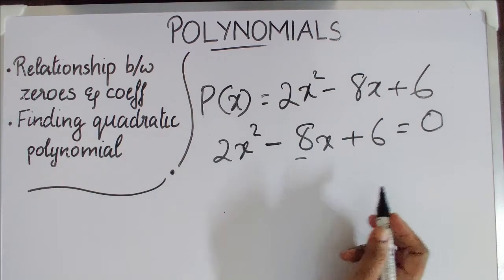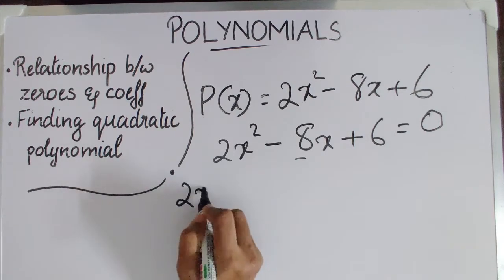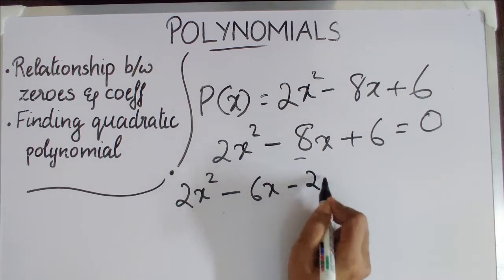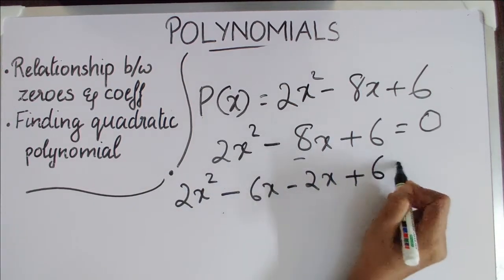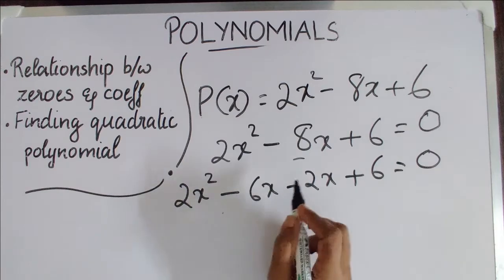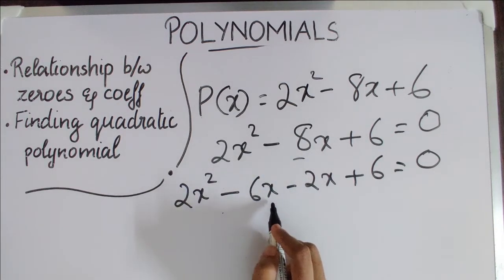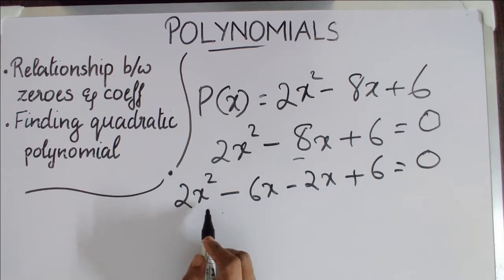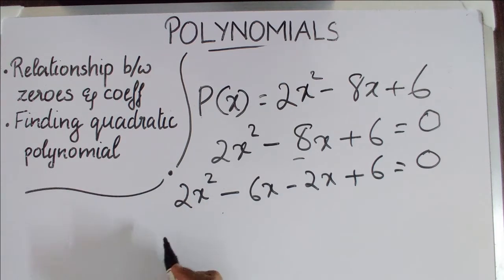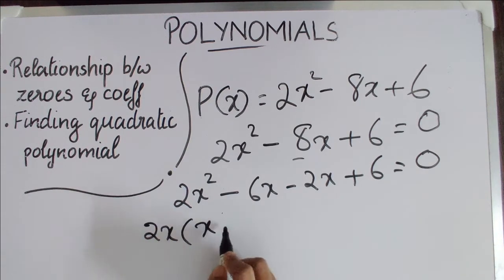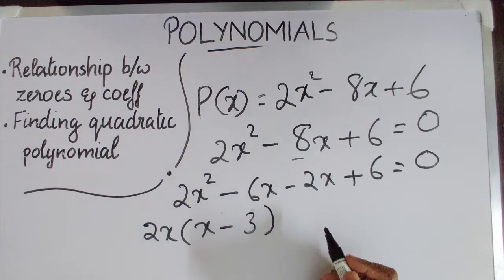2x square minus 8x plus 6 equal to 0 becomes 2x square minus 6x minus 2x plus 6 equal to 0. Here minus 8x is split into minus 6x and minus 2x. From the first two terms, 2x taken outside, we get x minus 3.